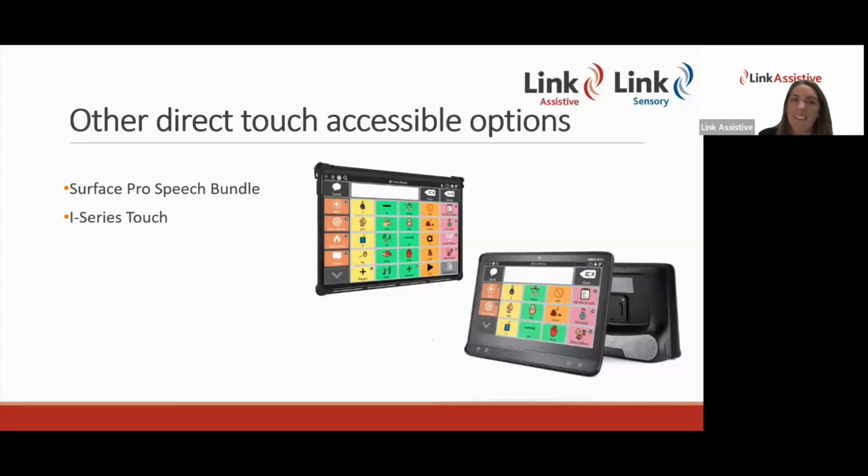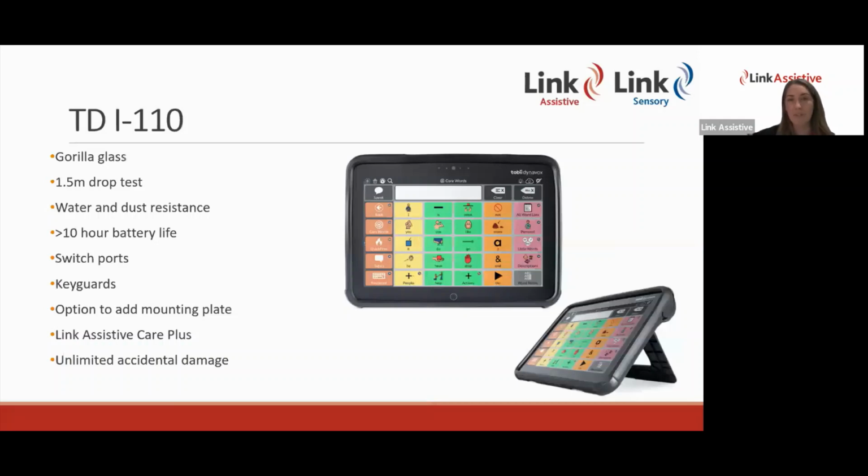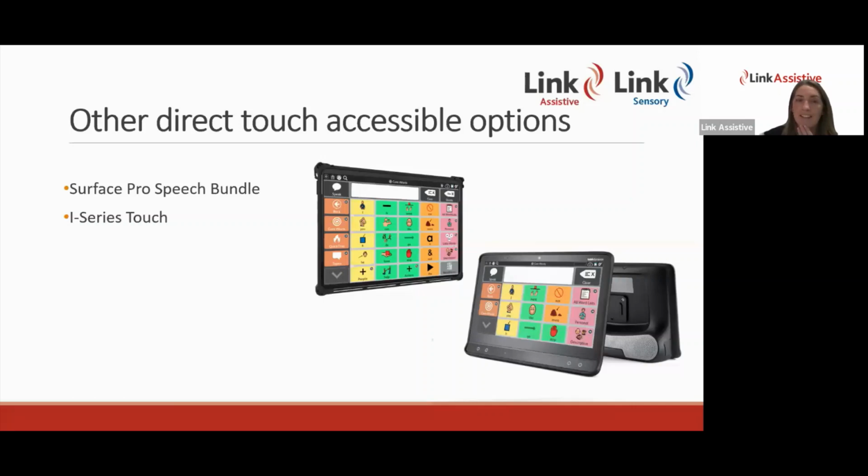We've also got some other touch accessible options too. The TD-I110 is similar in terms of screen size, but if you're requiring another touch accessible option, maybe a bigger screen size, or a different operating system such as Windows versus Apple, there are other options within the Link Assistive range, such as the Surface Pro Speech Bundle, which is a Surface Pro in a case with TD Snap software.